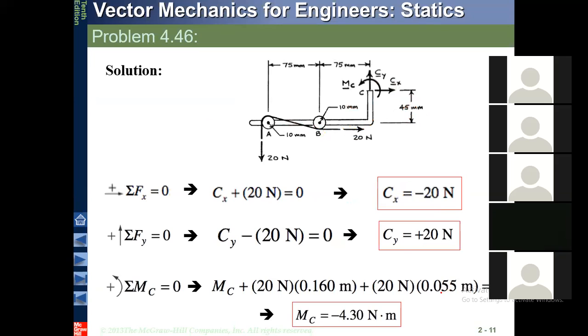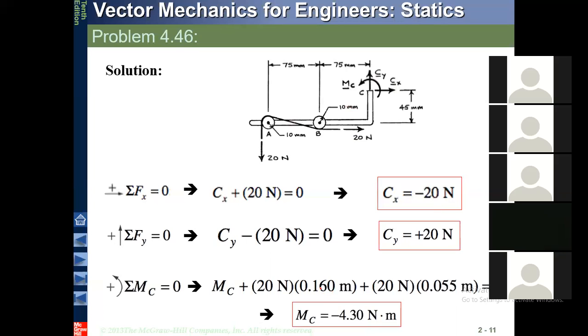So you would have 0.055 meter for this horizontal force, and you're going to have 75 plus 75 plus 10 for the vertical force. So you would have 0.16 meter.